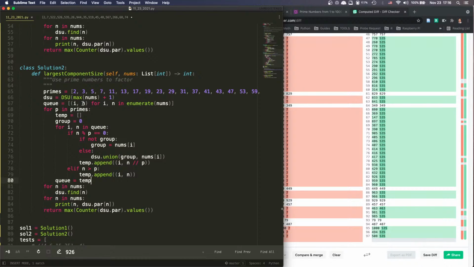So I just need to group them, go through every single one. Because the remaining are all prime numbers, they cannot be factored anymore.